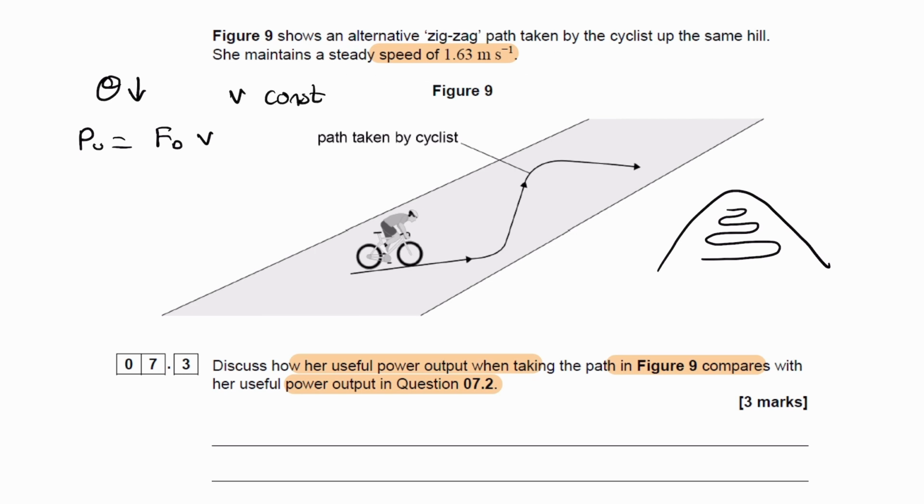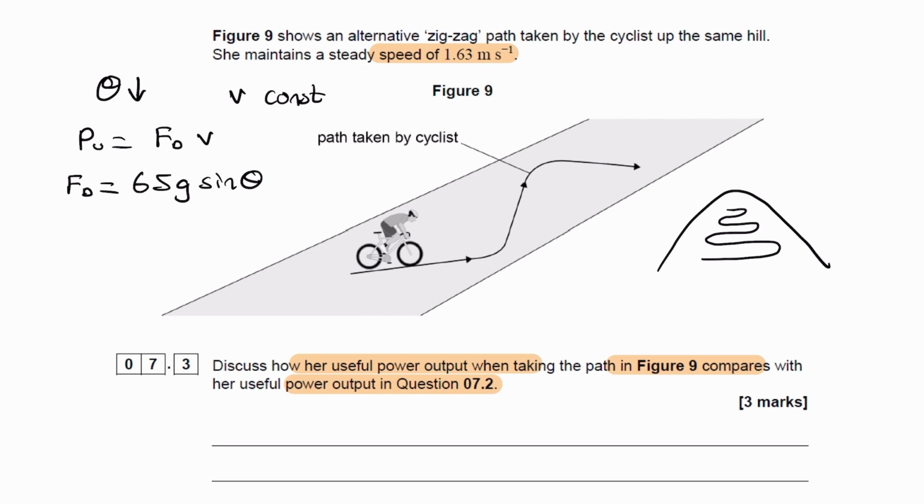Now if theta decreases, then that would mean that the component of weight that is parallel to the slope, which was also what the driving force was equal to, remember that that was 65g sine theta. So this on the right hand side, if you remember, was the component of weight going down the slope. And we're not considering there to be any air resistance because we're still moving at that slow speed.